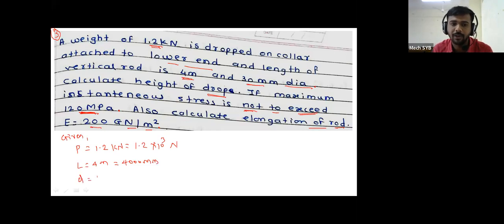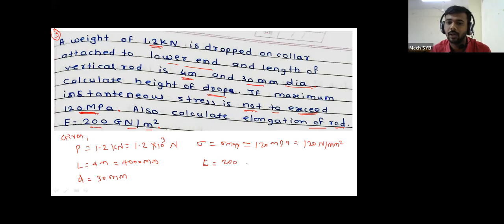Then the diameter of the rod is given as 30 mm. Sigma is given, we can consider sigma max is equal to 120 megapascal, which means 120 Newton per mm square. And then E is given as 200 giganewton per meter square.